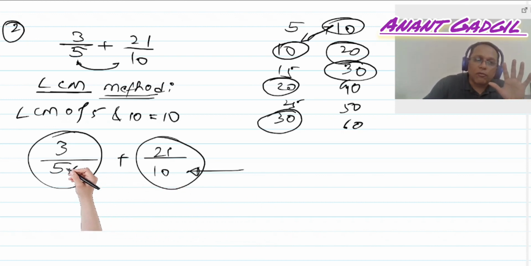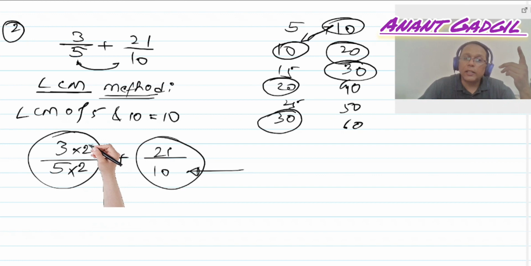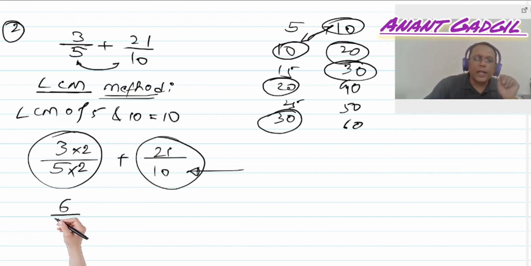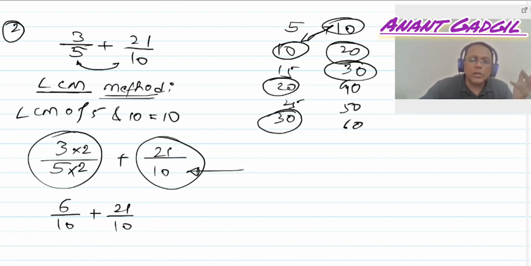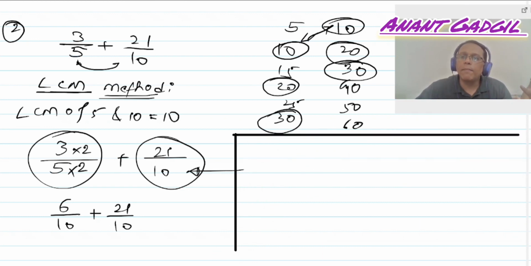In the first fraction only, I will have to multiply the denominator by 2 to make it 10. At the same time, I will have to multiply the numerator also by 2. So then it becomes 6 by 10 plus 21 by 10. Now students, you can see that this is of the first type only. The denominator is the same, so it becomes very easy now to solve.